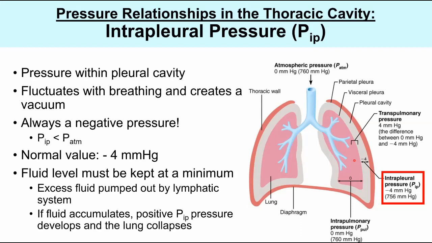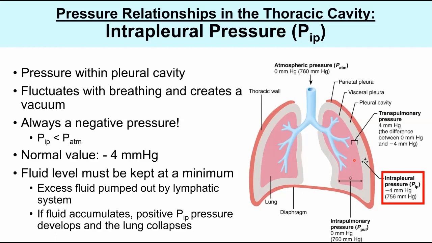One thing to note is that within this intrapleural space, we have to keep our fluid levels at a bare minimum. And how do we do that? Well, we look to our friend the lymphatic system, which helps to pump out that excess fluid. Now, if we're in a situation where excess fluid begins to accumulate, that reverses the pressure gradient and ends up making the intrapleural space a positive pressure.